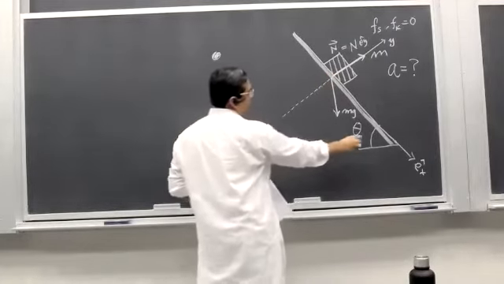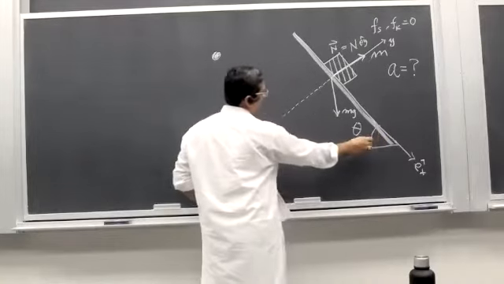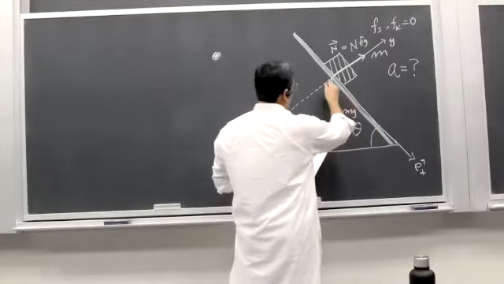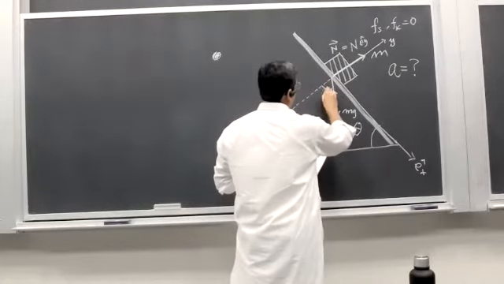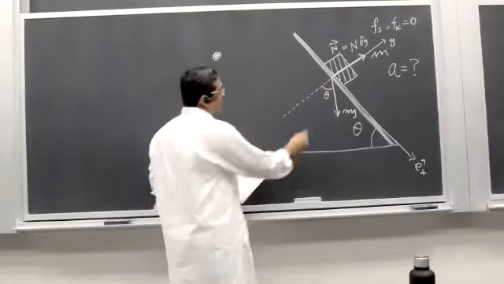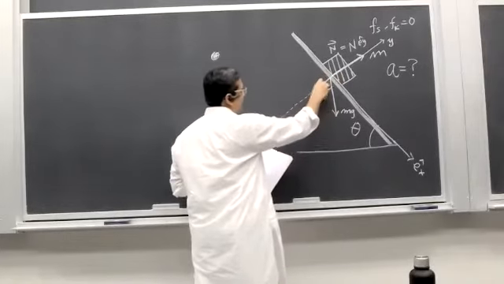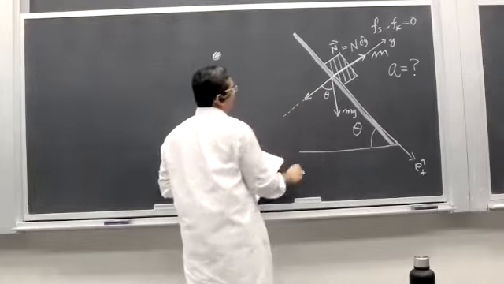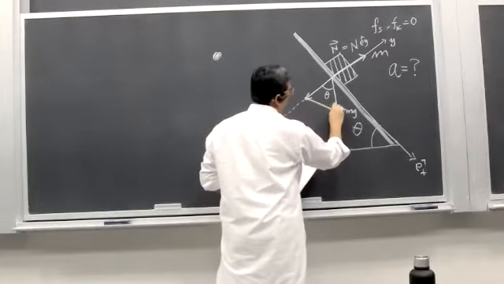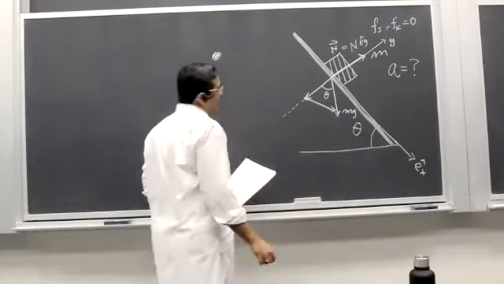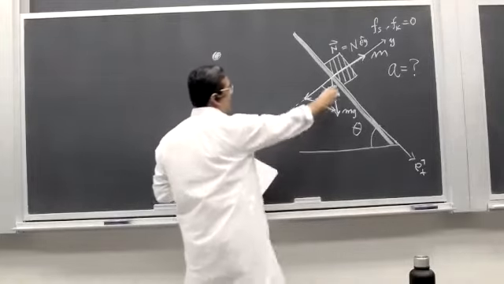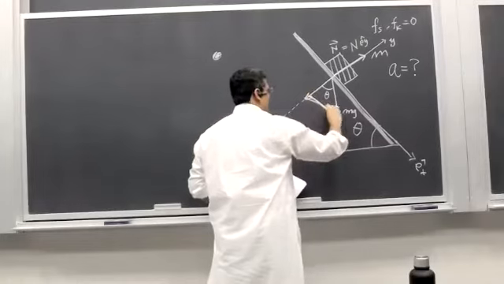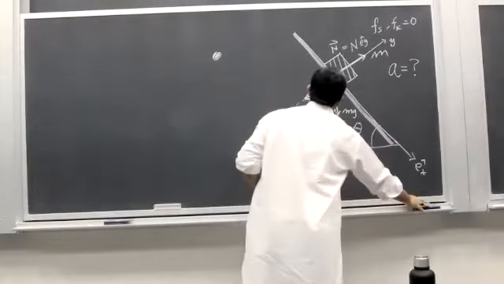Now it's very easy to show. I hope that you have done this exercise, that if this angle is theta, then this angle is also theta. Okay. Now if you want to resolve this component, this would be the y component of weight, and this would be the x component of weight. I mean, it doesn't look parallel, but what I'm trying to do is to make it parallel.